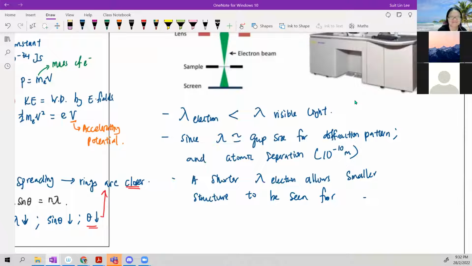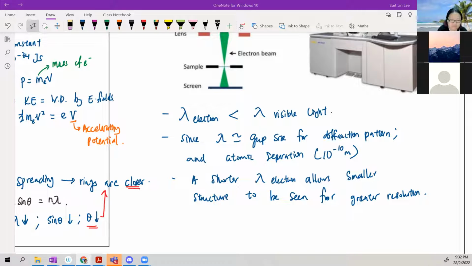High resolution, higher resolution or greater resolution. So that means I can see smaller stuff compared to a regular microscope.